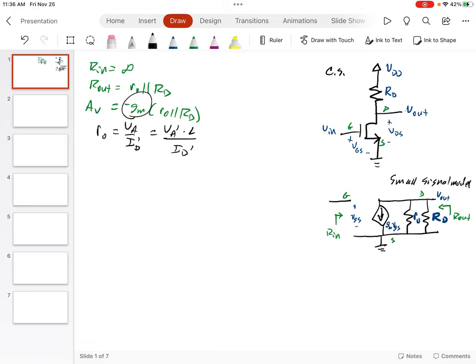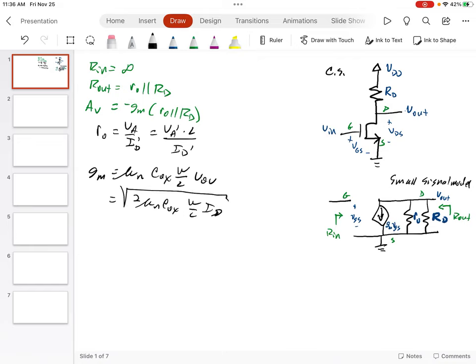So keep in mind there's two different versions of that. Then we need to find GM. And we have these three equations for GM, which makes it wonderful, but also incredibly confusing about which one really makes sense to use. So we have mu NC ox W over L times V overdrive, and we have the square root of 2 mu NC ox W over L times the current ID. And then we have 2 times the drain current over V overdrive.